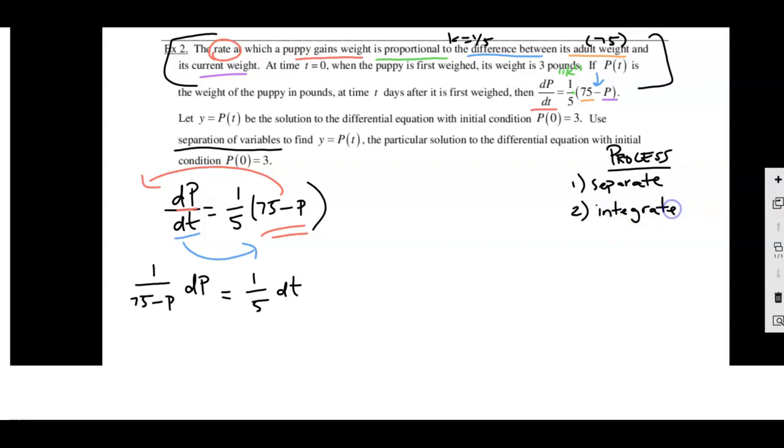Separate, integrate, and then 3 and 4 kind of go together. Really, 3 is within 4. 3 is you're going to use the condition to solve for the c value, and then 4 is just finish whatever algebra you need to get the y equals, or p equals, or whatever.